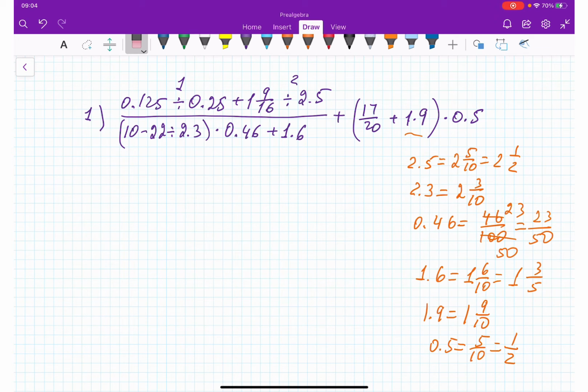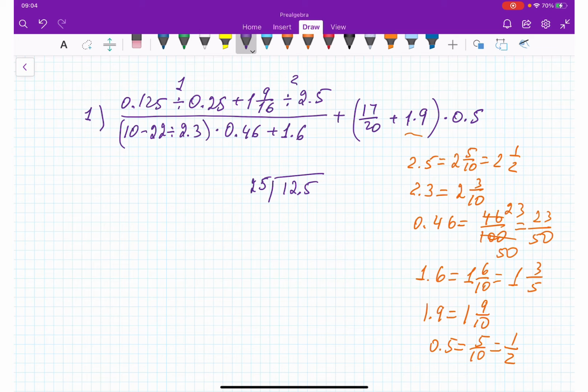So, step number 1. In the numerator, I'm going to divide 0.125 by 0.25. So I am cleaning here this point, which means I'm moving by 2 positions. It's going to be only 25, right? And here is also moving by 2 positions, 1 and 2, and I'm getting 12.5.